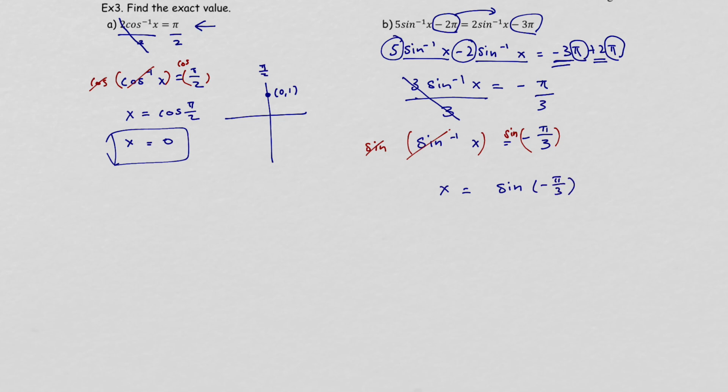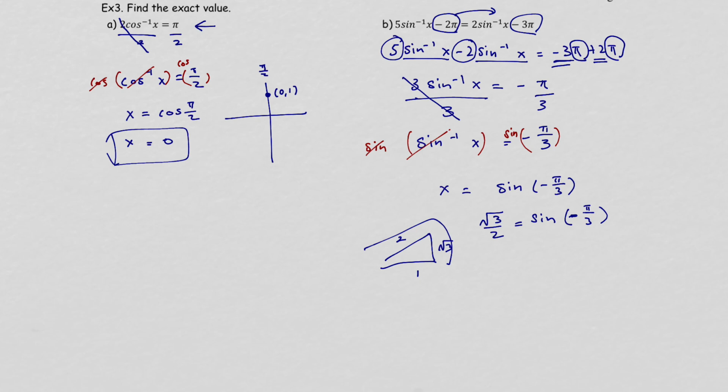And let's look at pi over 3. So pi over 3 is 2, square root of 3 and 1, so sine will give you square root of 3 over 2, and we need to know if this is positive or negative. Because this value was negative right here, which means that's going to be sine negative.